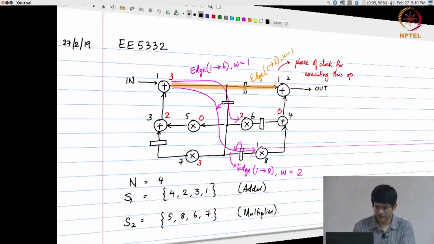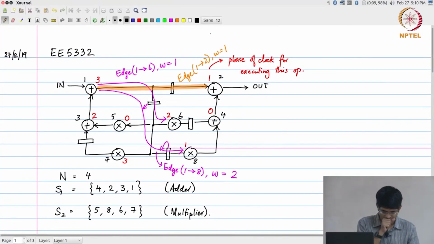Let's take another one of the example edges over here. Operation number 4. Operation number 4 is getting both its inputs from multipliers. In other words, the inputs to operation number 4 are coming from operation number 6 and from 8.